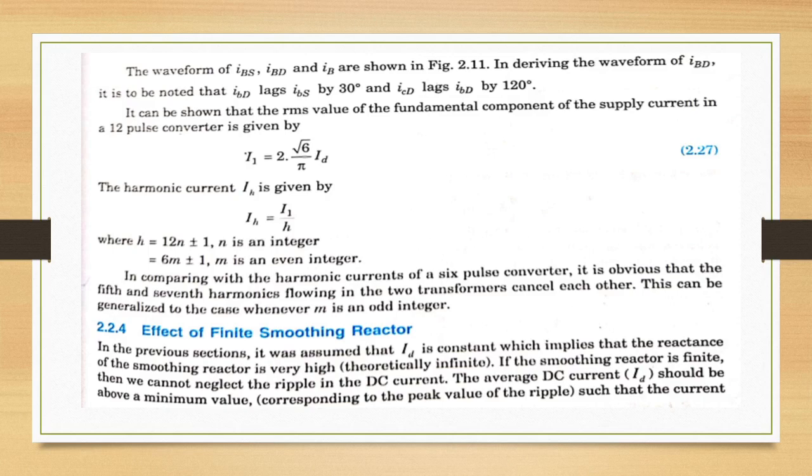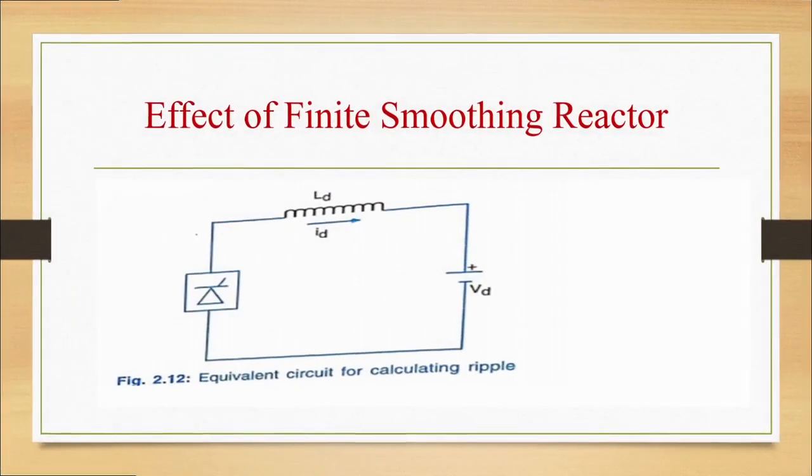Since valve currents can only be unidirectional, when the current goes to zero there is a discontinuity, and extinction of link current can lead to overvoltages across the valves due to the lightly damped LC circuit consisting of the smoothing reactor and the line capacitance. So this is the equivalent circuit for calculating ripple.